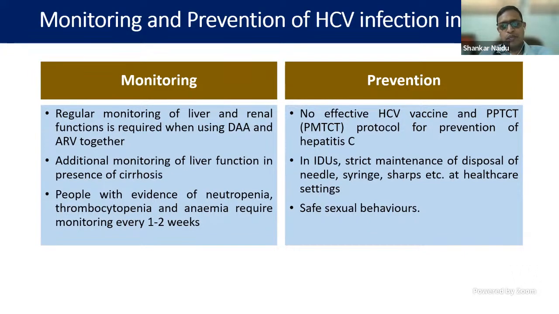And as far as the prevention of hepatitis C is concerned, in those patients who are not already infected with hepatitis C, there are no effective vaccines available. So we need to stress practicing safe sexual behaviors and strict disposal of needles and not sharing needles with other people in patients who are IV drug users.